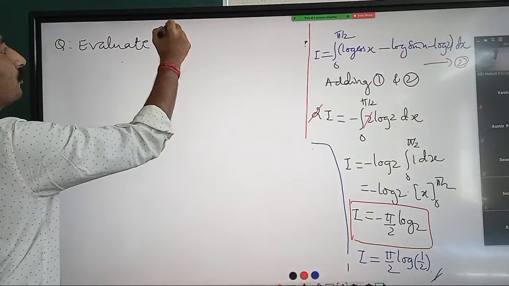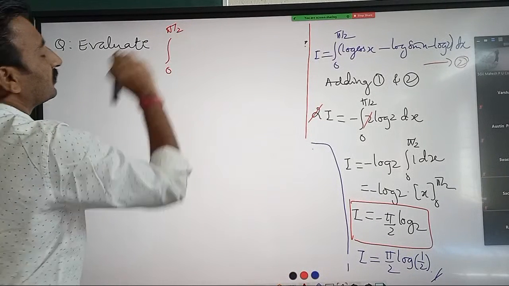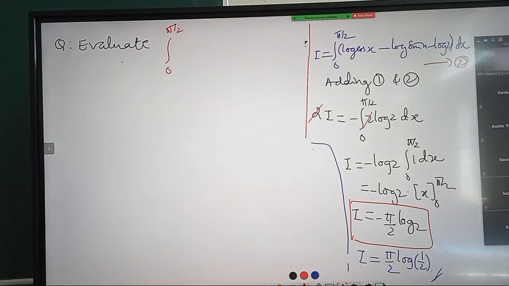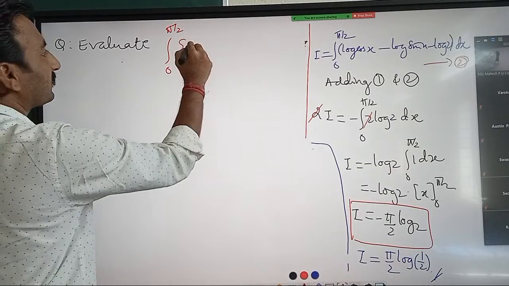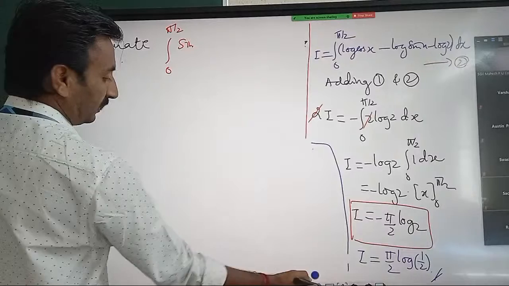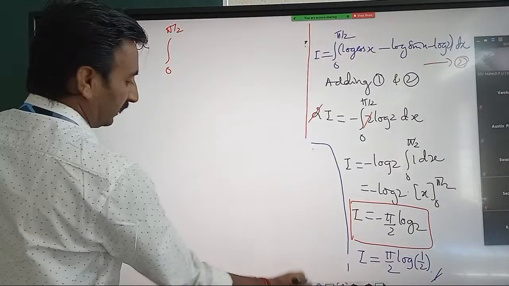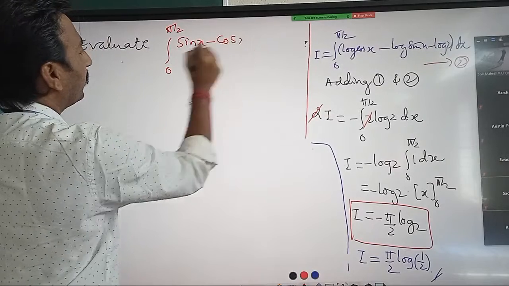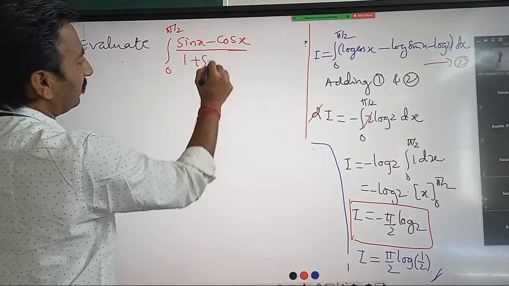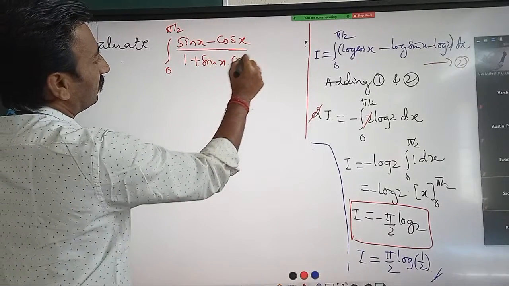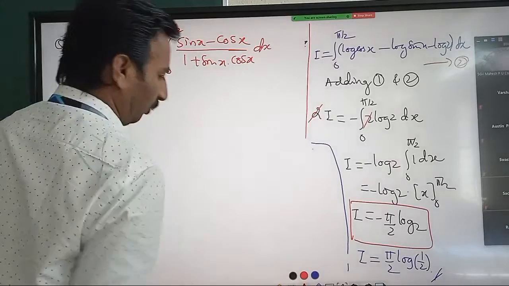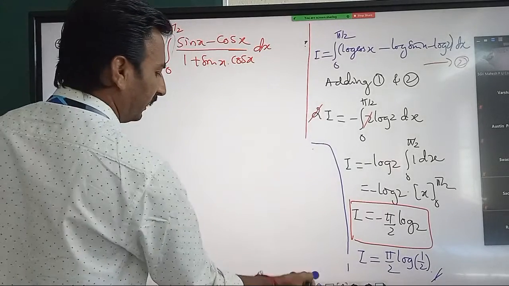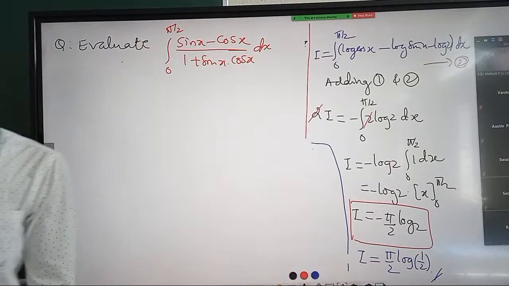Integration from 0 to pi by 2 of sin x minus cos x divided by 1 plus sin x into cos x. Numerator is sin x minus cos x. See, look at this. It looks very scary, but very clearly you can understand.